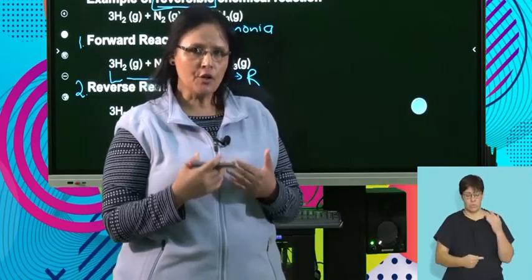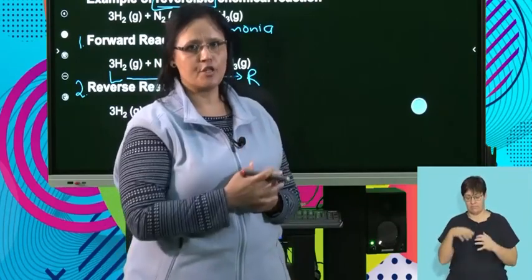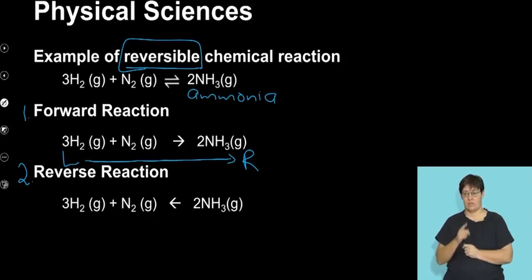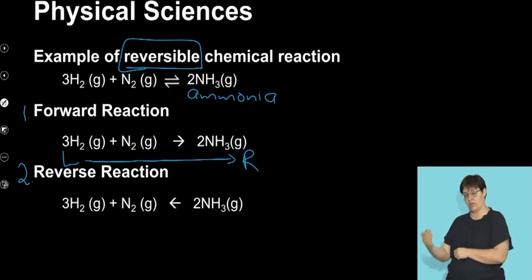We will only use an arrow pointing in the direction of the formation of the product. So back to hydrogen and nitrogen reacting to form ammonia. That is read from left to right, and our arrow will be to the right.